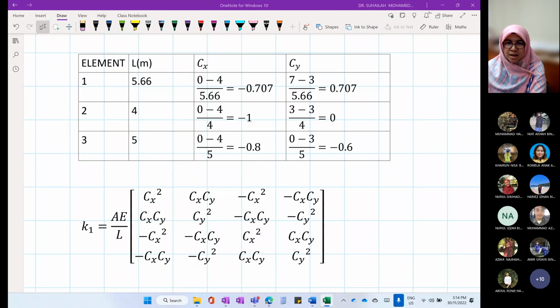You just refer to the formula and calculate with 5.66. You can check the answer. I have set the formula and I have got the answer now.